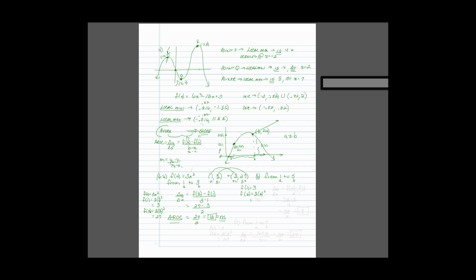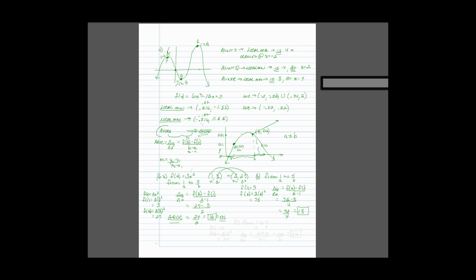Or f of 5 is equal to 75. So now I can say that delta y over delta x is equal to f of 5 minus f of 1 over 5 minus 1, which is equal to 75 minus 3 over 5 minus 1 is 4, which is equal to 72 over 4, which is equal to 18.